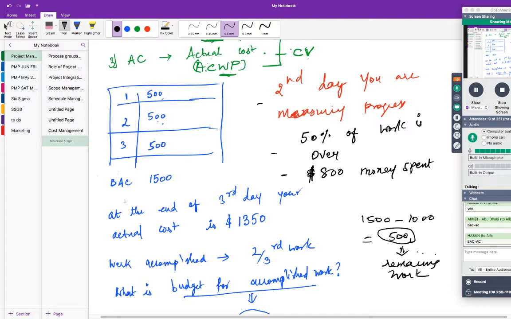Hassan says EAC minus AC. No, very small mistake. Sarah, can you try? How do you find out remaining fund?